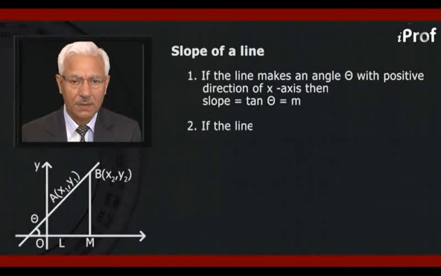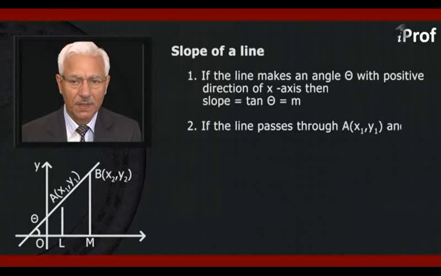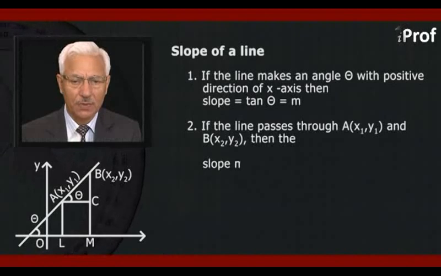If the line passes through A(x1, y1) and B(x2, y2), then the slope m is equal to (y2 minus y1) upon (x2 minus x1).